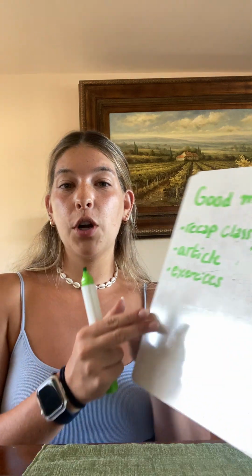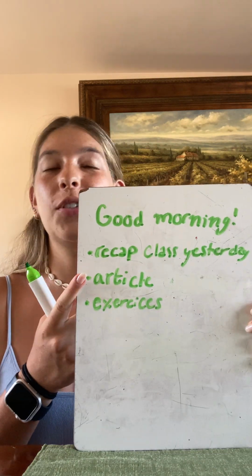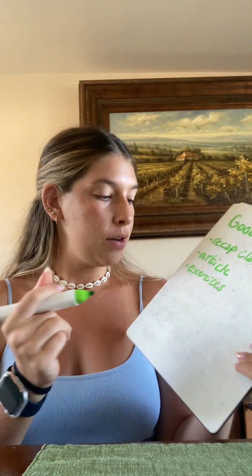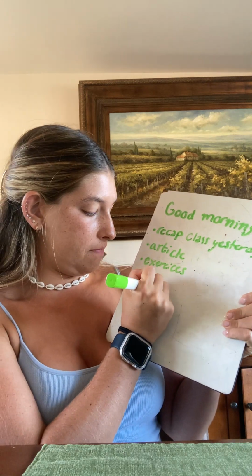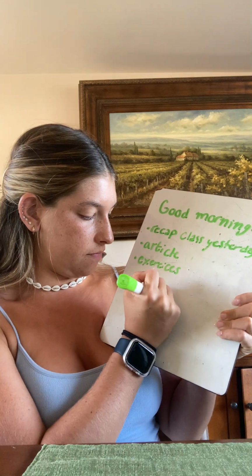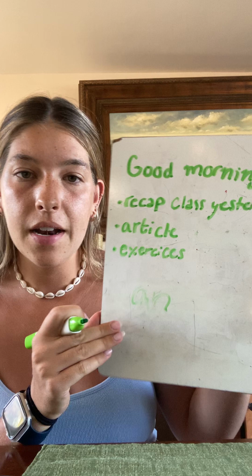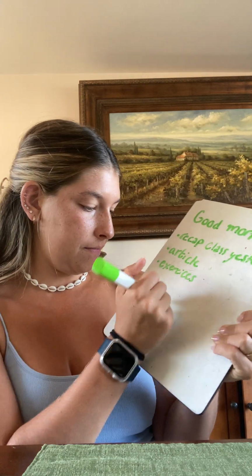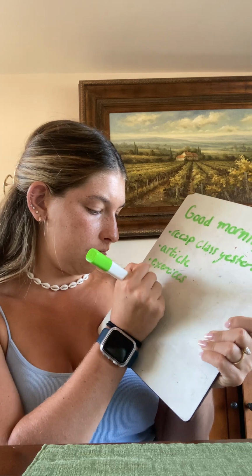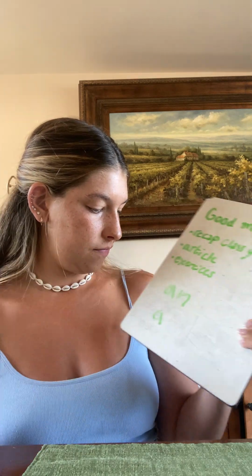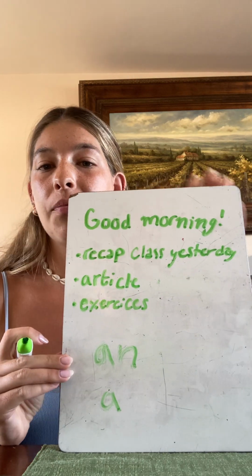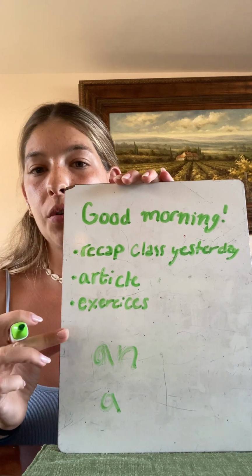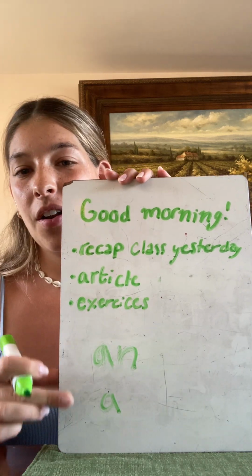So I said that we're going to talk about articles today. Like I said, we're going to talk about "an" and "a". Can anyone tell me why you would use "an" or "a"?